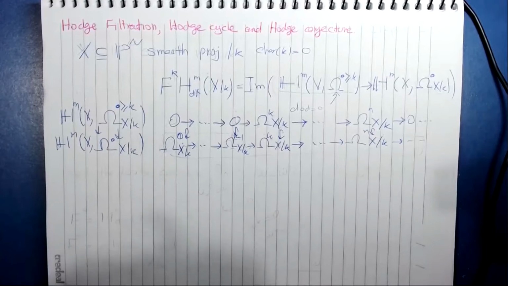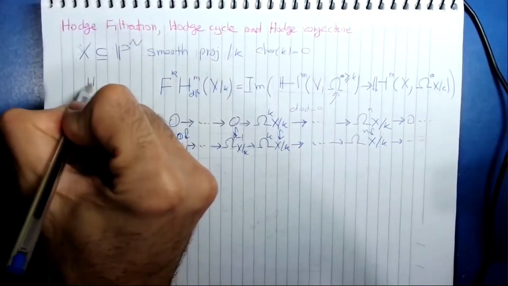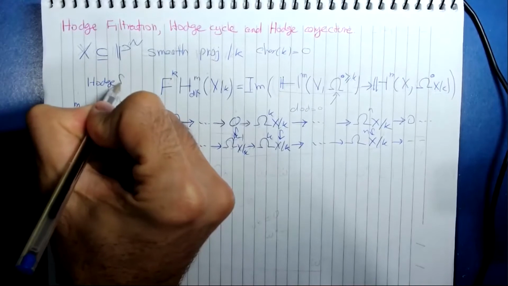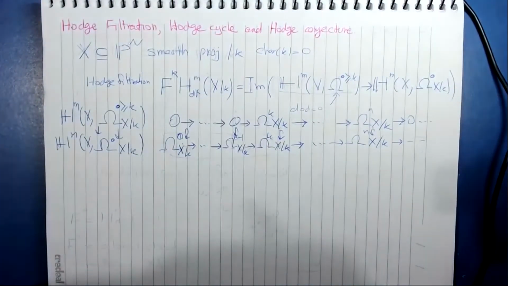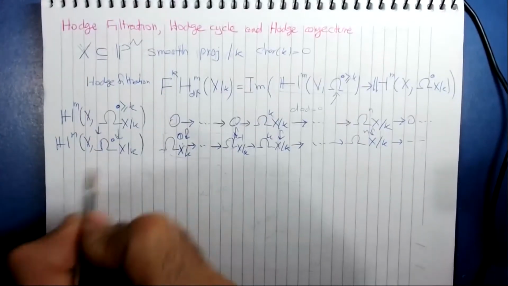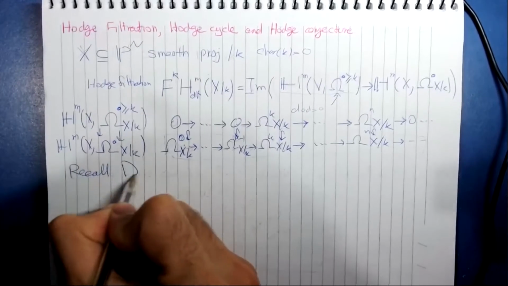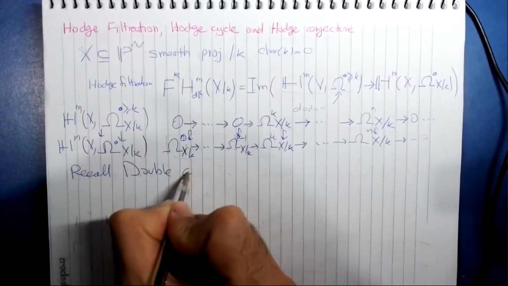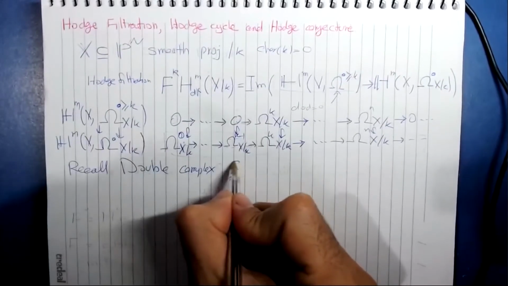So let's go to a more computational way of seeing the Hodge filtration. I forgot to say, this is called the Hodge filtration. Recall the double complex that we used in order to define the hyperhomology.